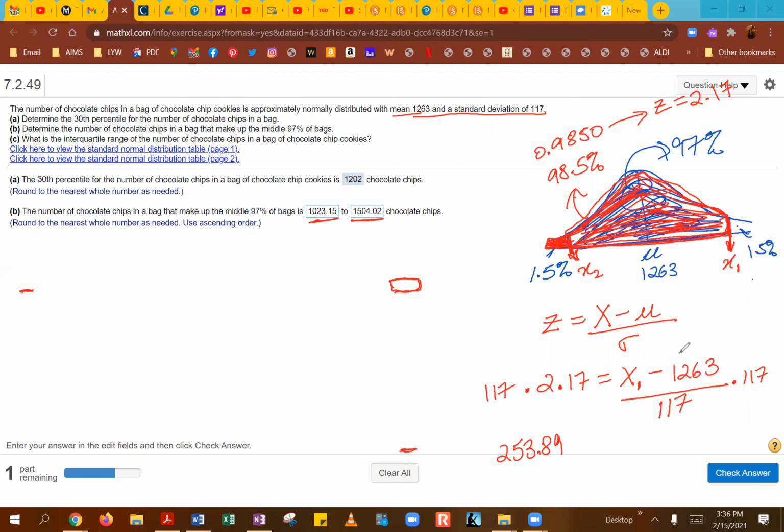Of course, on the right-hand side, these guys will just cancel each other out. And then we are left with x1 minus 1263. So to get that x by itself, you will add 1263 to both sides.